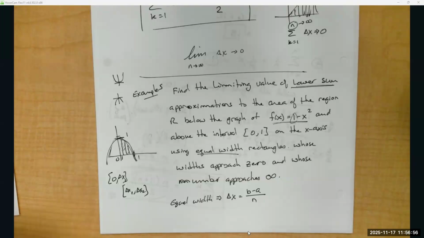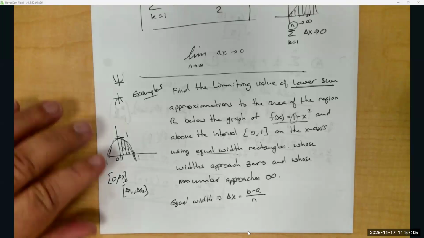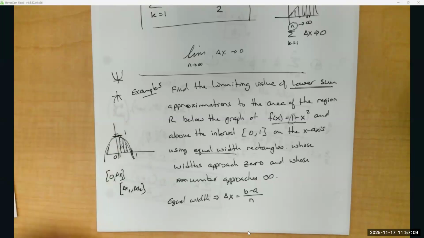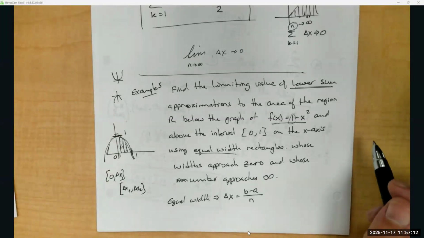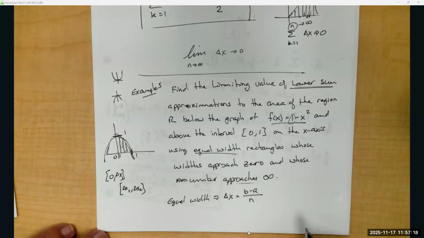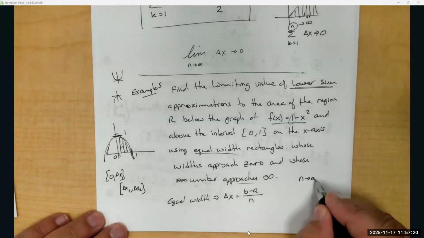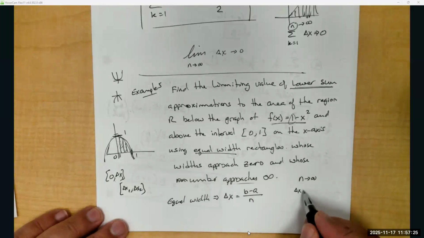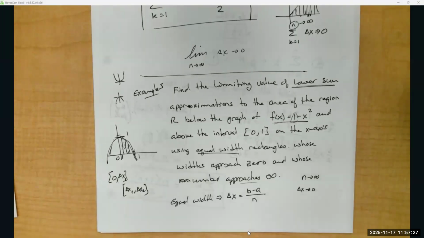Because if it was different sizes, then it would have to give us those. What else is it telling us? Whose number approaches infinity. So that's saying as n goes to infinity, what happens? The width, delta x, goes to 0.